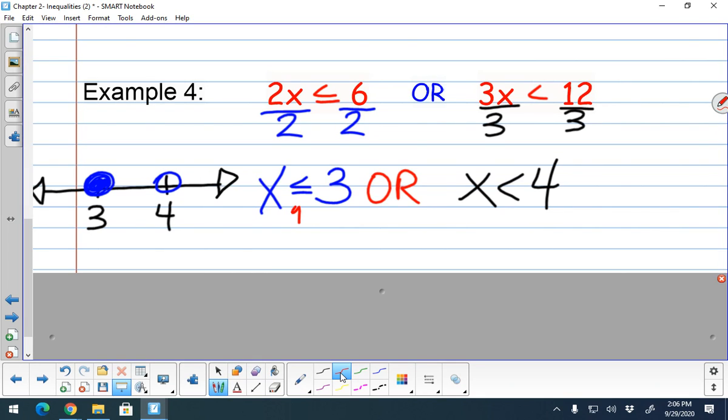Less than left. It makes an arrow for me. All right. 4, am I shading left or right? Less than 4, yeah.